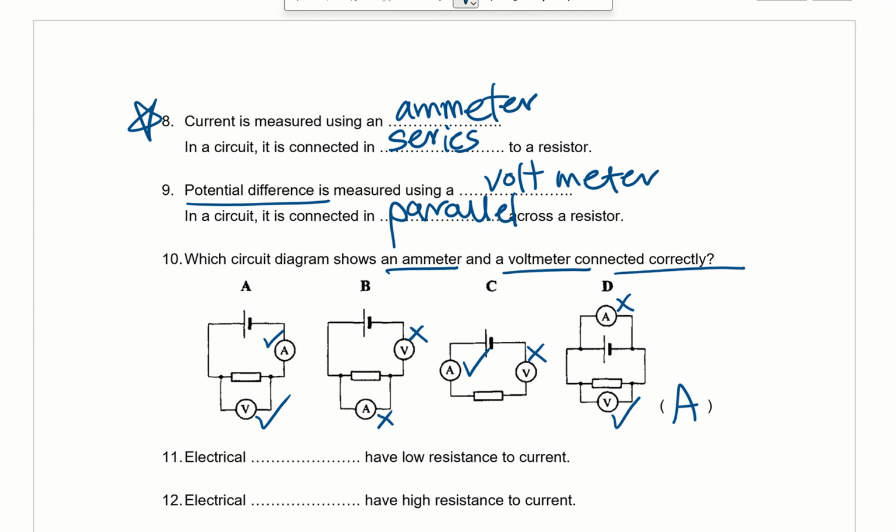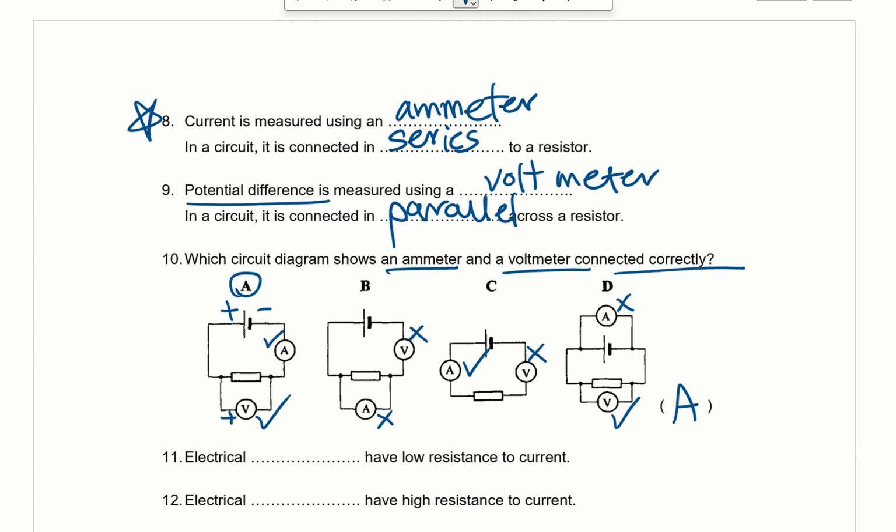Now, we can also do some marking here. If A is the correct answer, this part of the battery is positive, this is negative. So what do I mean by positive to positive, negative to negative? It means that this part of the voltmeter is positive because it needs to be connected to the positive. We have done the experiment whereby you saw the needle deflect. You weren't able to get any reading.